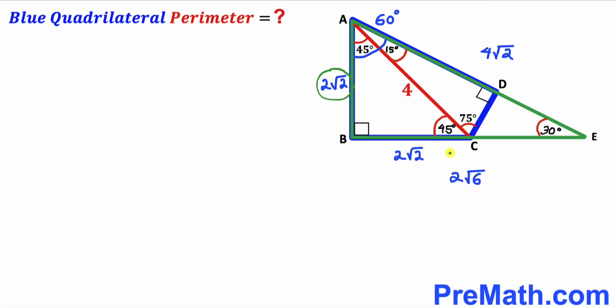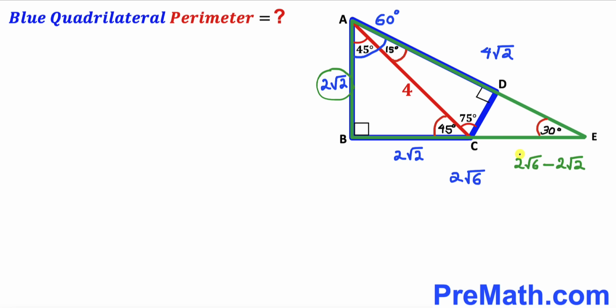And now let's make an observation. We know that this segment BC length is 2 times square root of 2. So therefore, this remaining segment CE length is going to be 2 times square root of 6. Let me write down 2 times the square root of 6 minus 2 times the square root of 2.